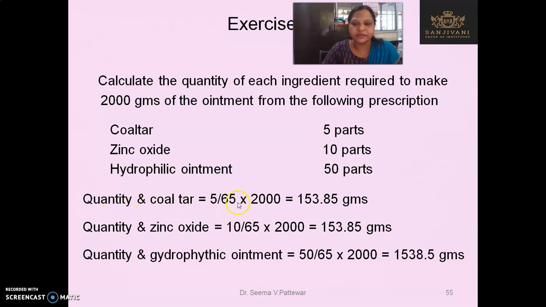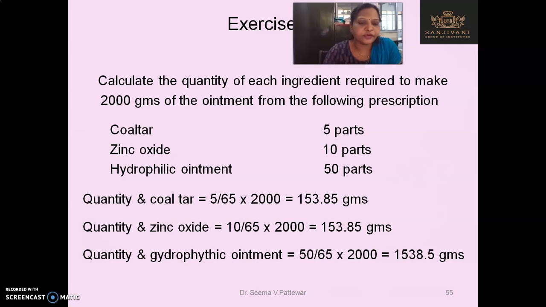For coal tar, you have to sum up all of these: 50 plus 10 plus 5 comes to 65. So for coal tar, the individual quantity is 5 divided by the total quantity, that is 65, multiplied by 2000, since you have to prepare 2000 gram.